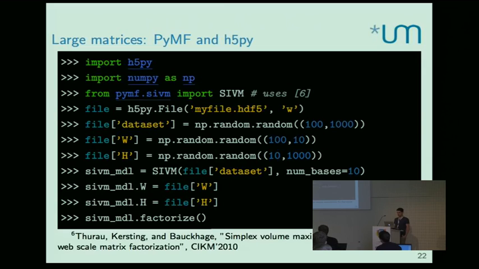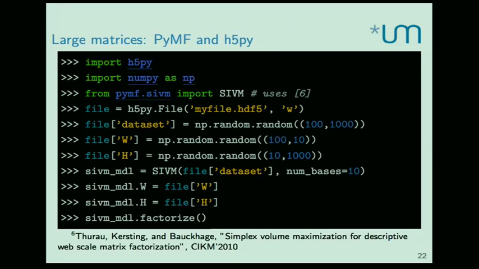And just quickly, as I spoke about large data, at the beginning I mentioned that PyMF, the Python Matrix Factorization Toolbox, also works with HDF5 or H5Py. It does, and the way it works is actually rather simple. You can just use it the same way as you used it before, so this is the function call here.